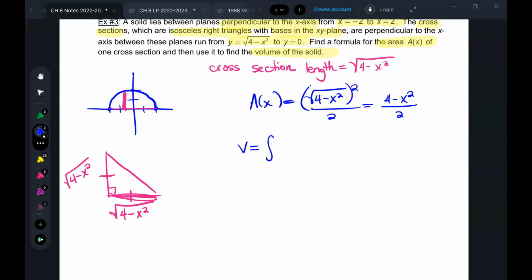Now, quick note. I could put limits of integration from -2 to 2. However, it's much easier to double the area from 0 to 2. You don't have to do this, but I strongly encourage you. It will be much faster.